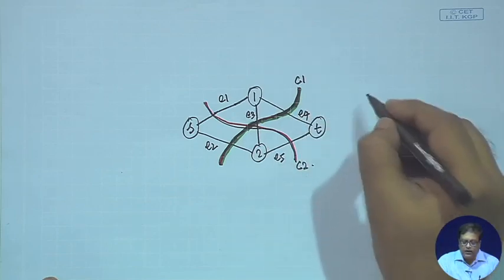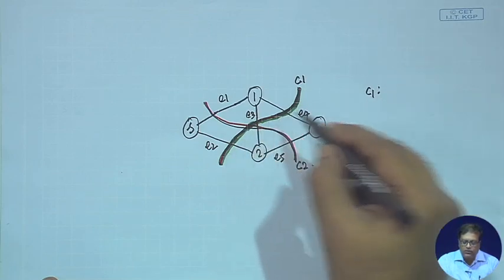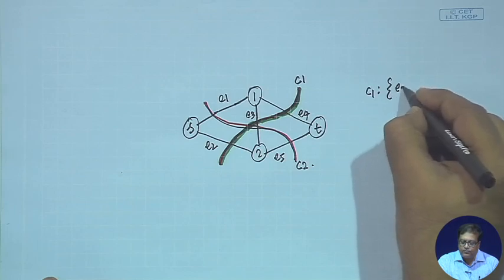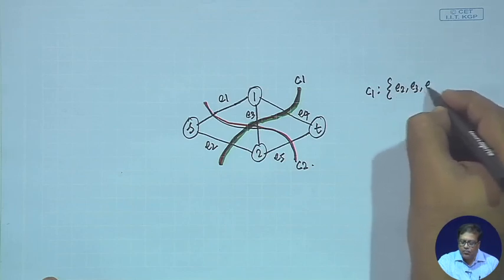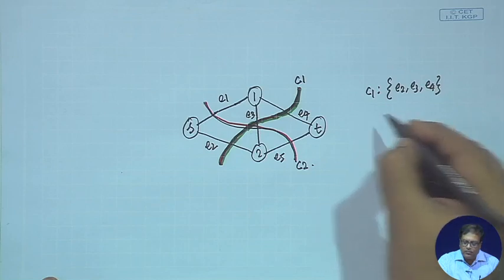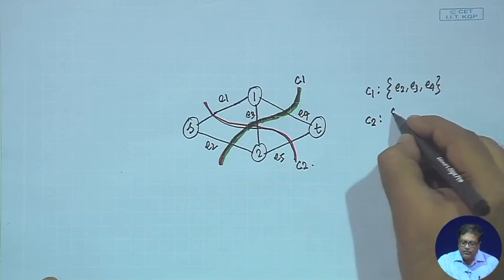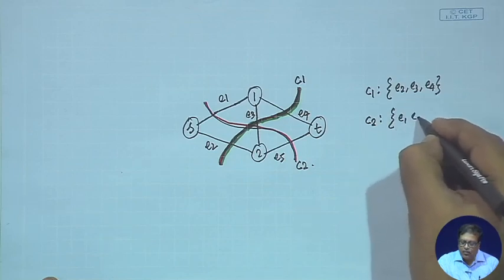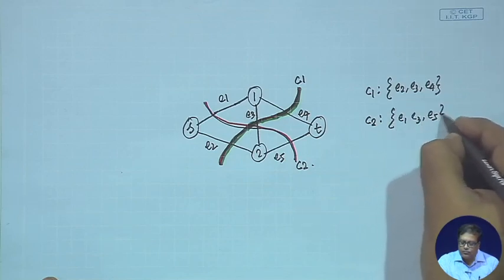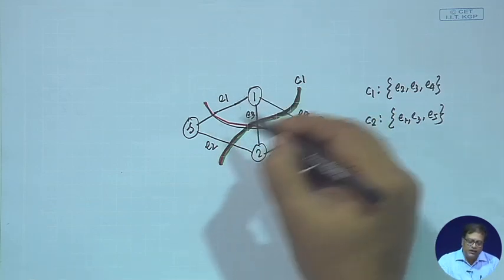So, now the two cut sets: C1 includes E2, E3, E4, and C2 includes E1, E3, E5.